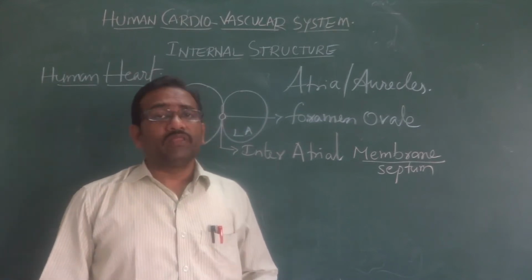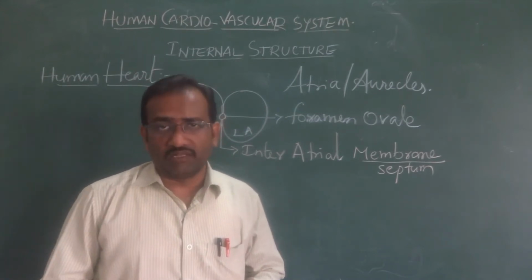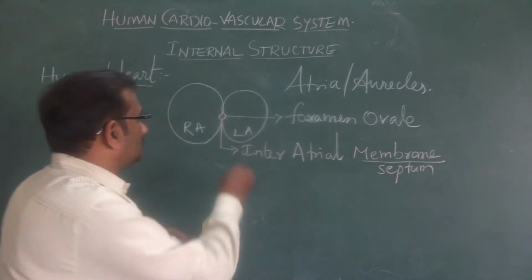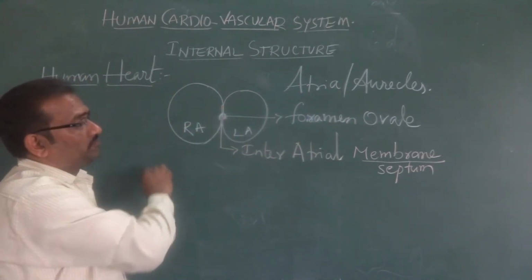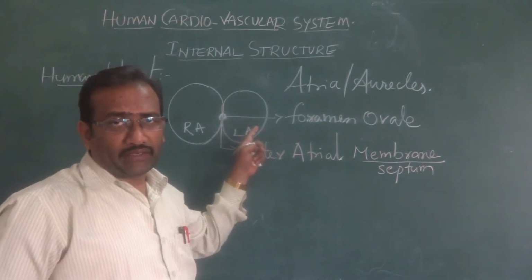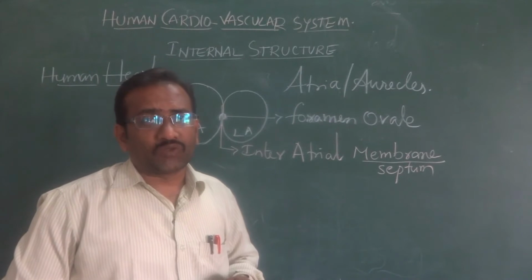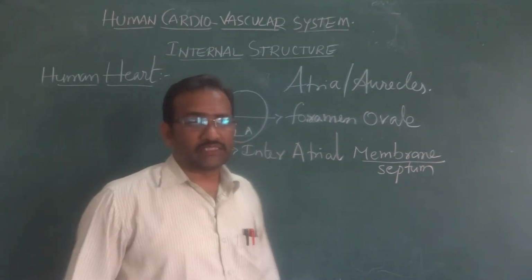After birth, when the lungs become functional, the foramen ovale slowly closes with a membrane, and a mark like a depression is formed. That depression is called the fossa ovalis.